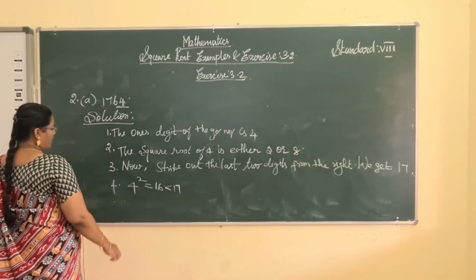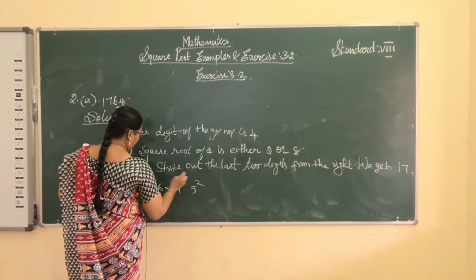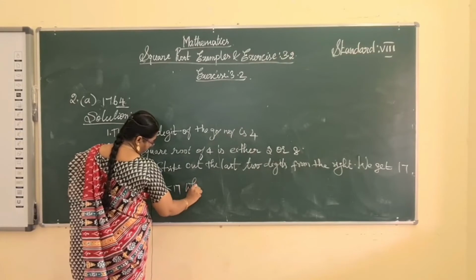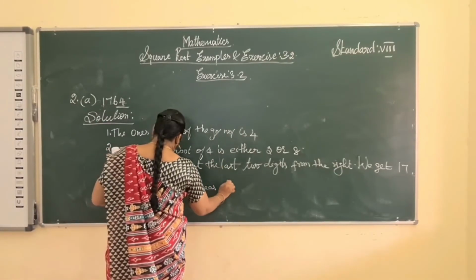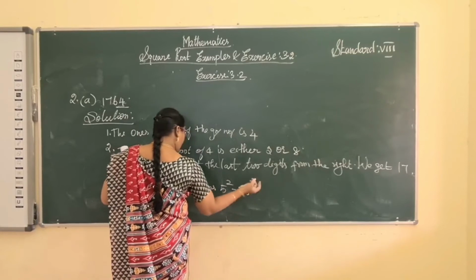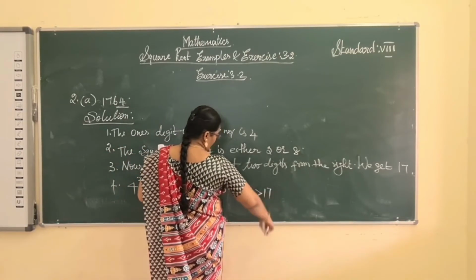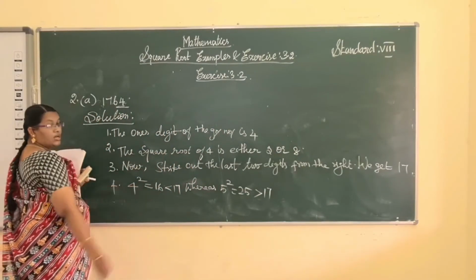The other possibility, the next square, is 5 square. 5 squared is equal to 25. 25 is greater than 17, so we do not consider this value.